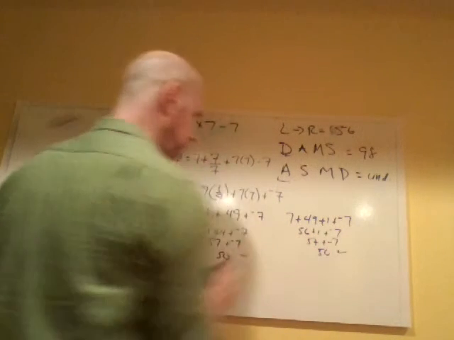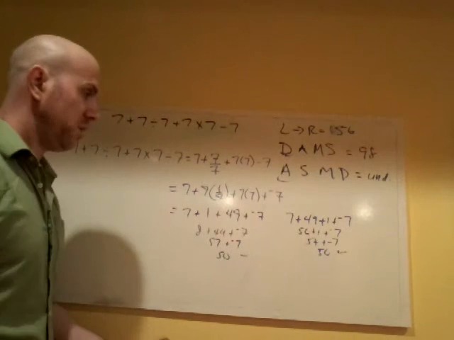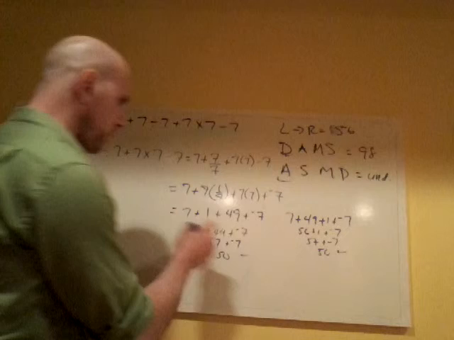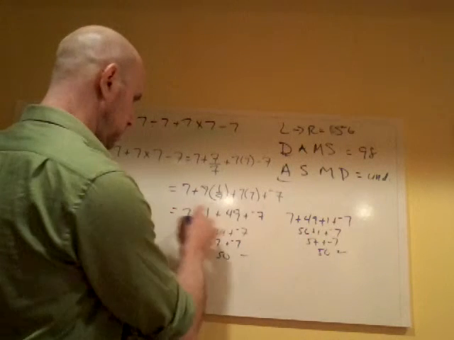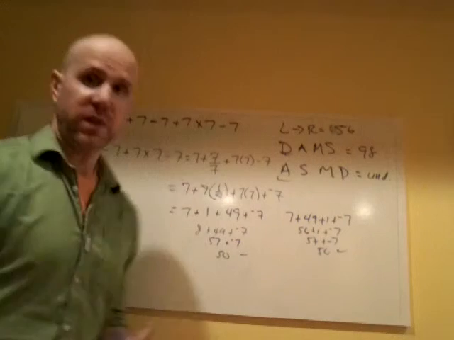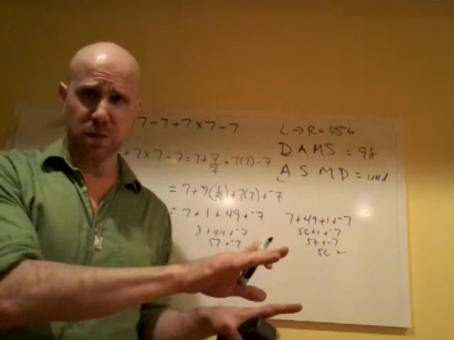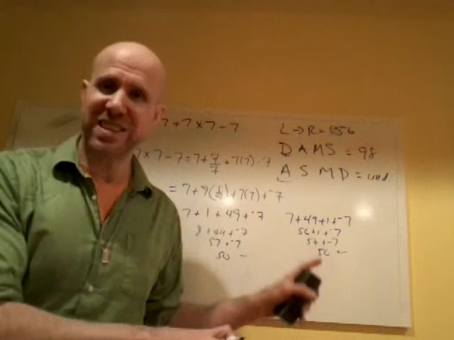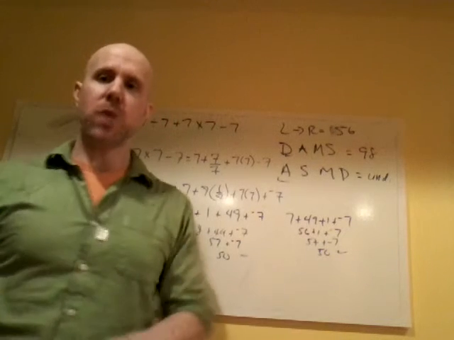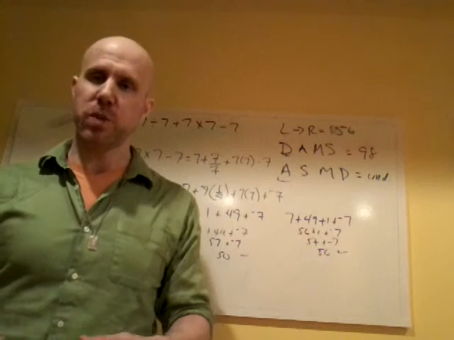Hey, same answer. What if I do 7 plus negative 7 is 0, 1 plus 49 is 50. I start to get the idea that no matter how I add these things up, I'm always going to get the same exact answer. This is why we have something called the commutative and the associative laws of addition in algebra.